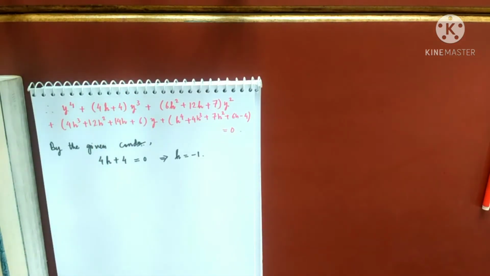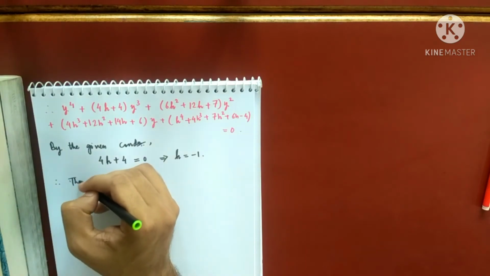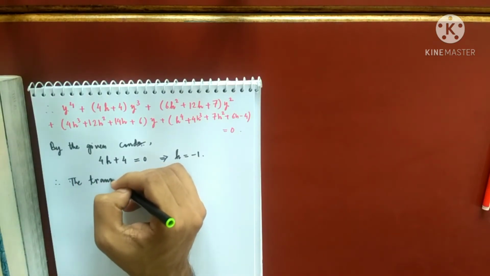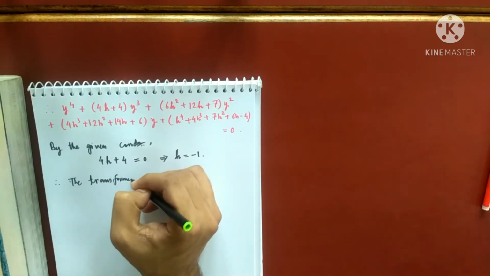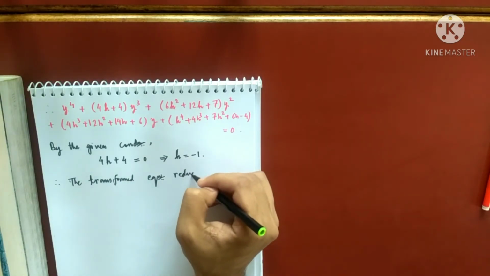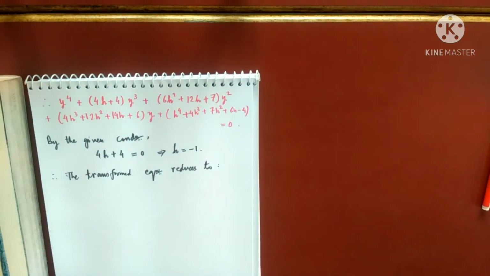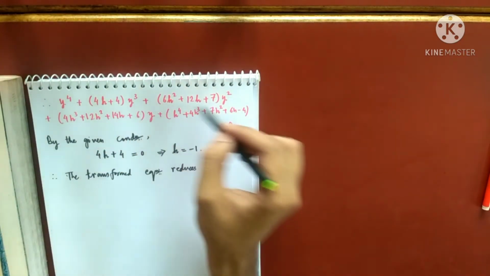So this must be equal to minus 1. So the transformed equation reduces to this. So just put the value of h equals to minus 1 everywhere.